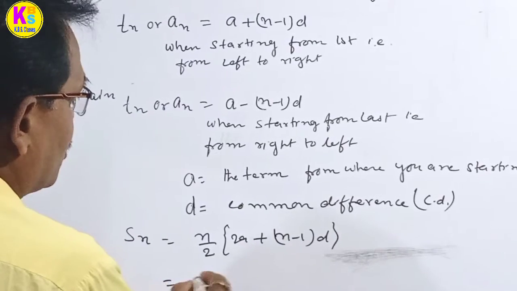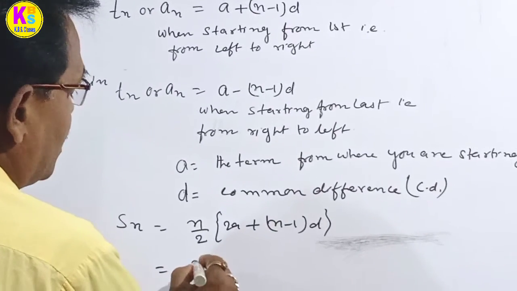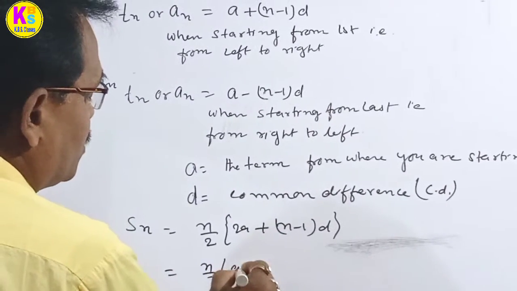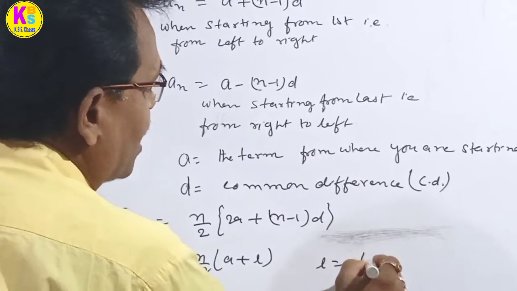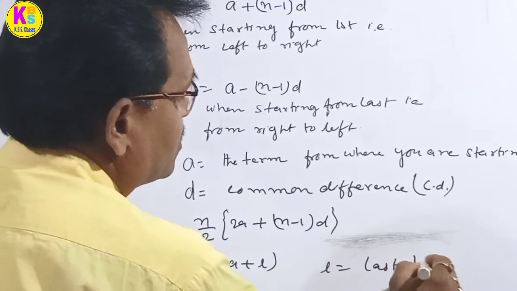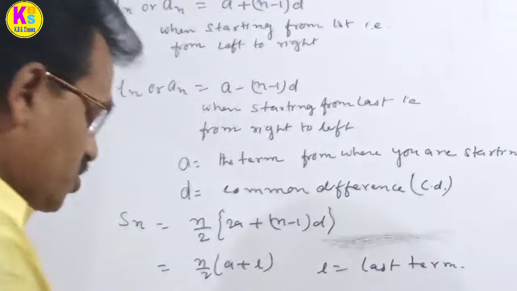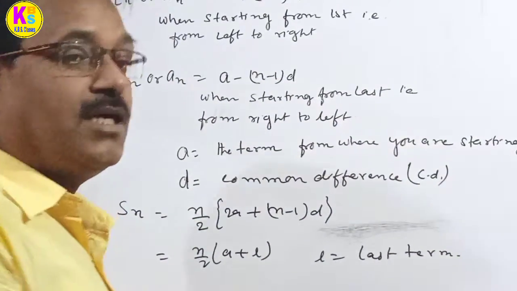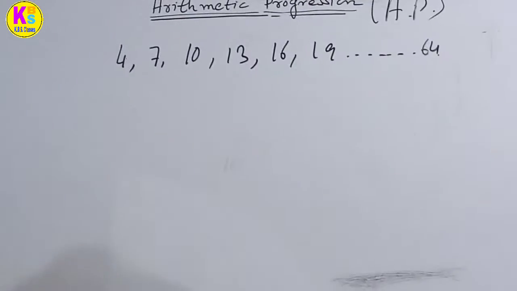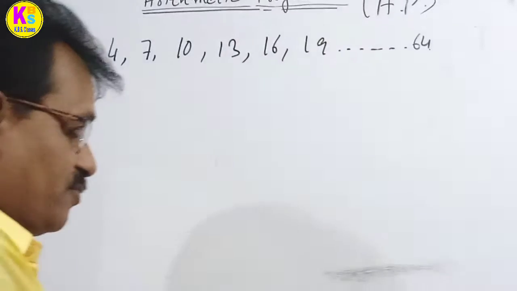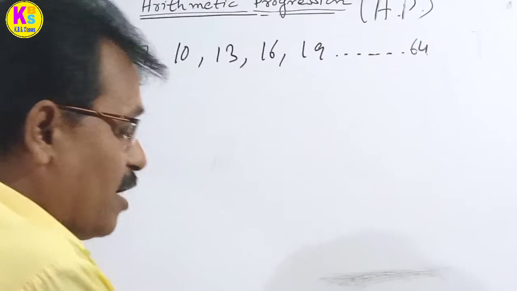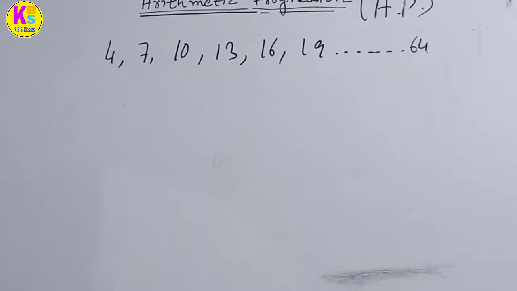And there is also a shorter formula, n by 2 into (a plus l), where l is the last term. Last term means the term up to which we have to find the sum. For example, I have written here one series which is in AP. Now we test the formula.